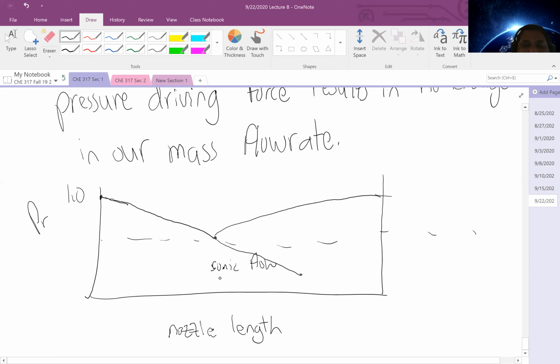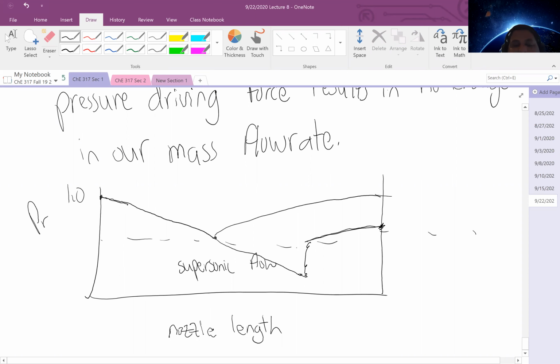So this would be supersonic flow actually, and the line would be sonic flow. And if your receiver is such that the pressure exiting ends up here, you end up with a shock in your system that forces it back into subsonic flow.